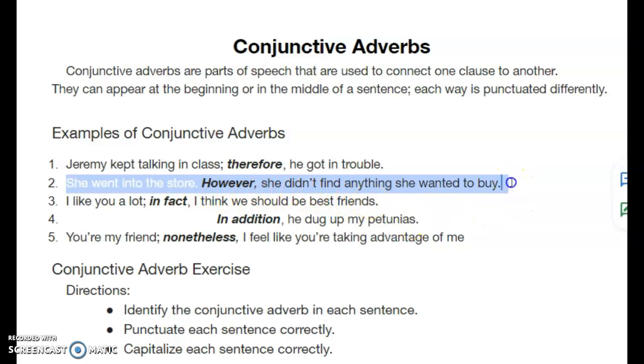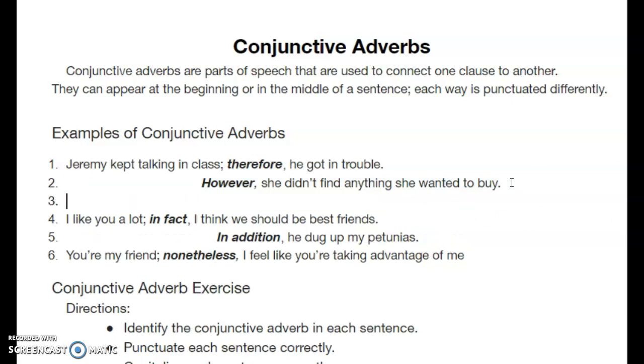I can even type it out for you. You could type it like this. She went into the store, semicolon, however, comma, she didn't find anything, and so on.